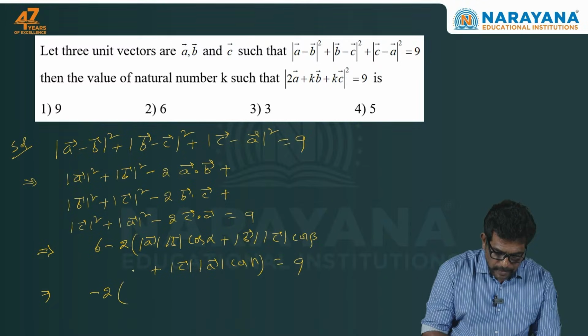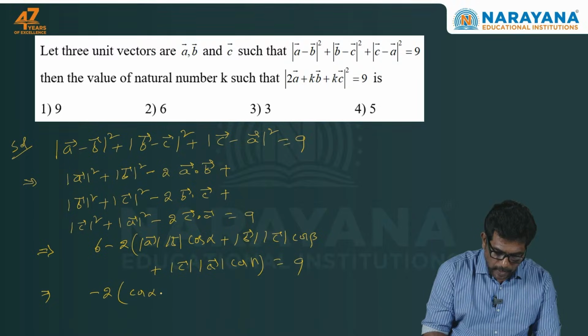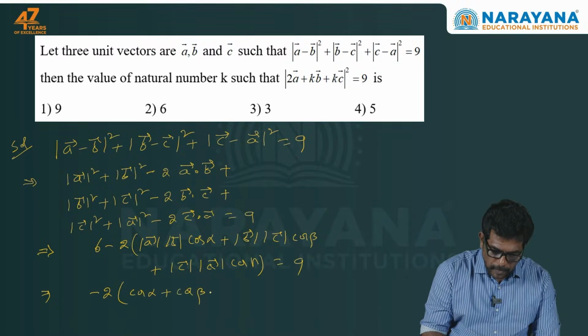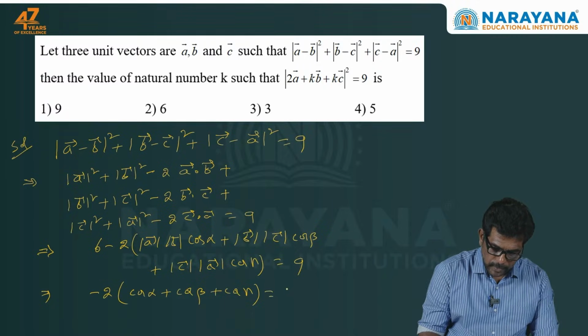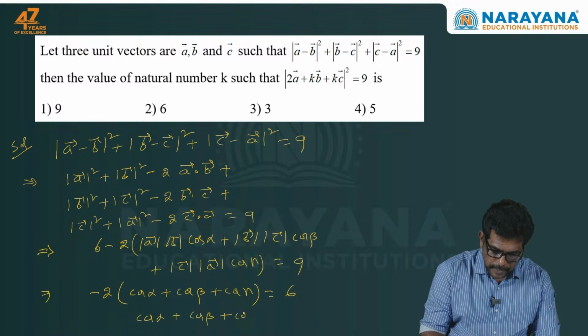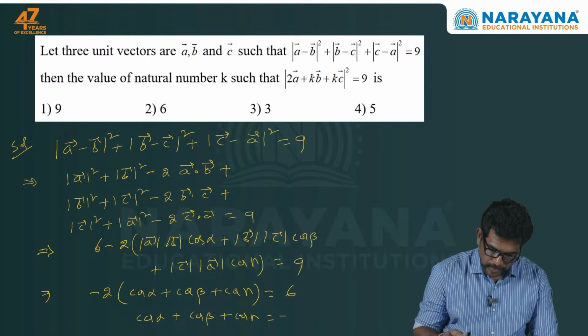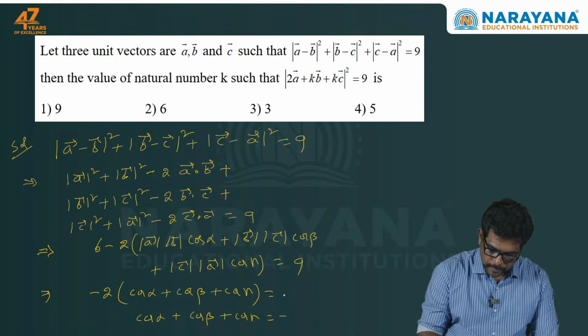Then this becomes 3 plus 2 times, mod a bar is 1, mod b bar is 1, hence cos alpha plus cos beta plus cos gamma is equal to 9 minus 3 is 6, so this becomes minus 3 by 2.